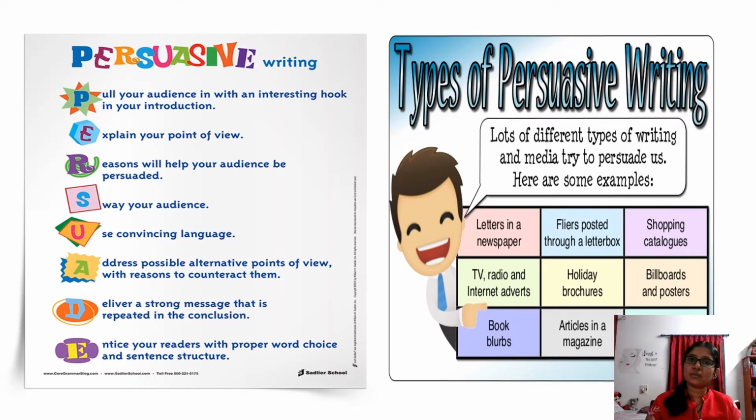They won't be agreeing with you and they won't be on that side also, but you can simply drag them to your thinking. And deliver a strong message that is repeated in the conclusion. When you end your passage, it's not only important that you add your opinion in the starting of the sentence or the paragraph, but you should add it at the end. That is how the sentence structure or the paragraph structure should be.